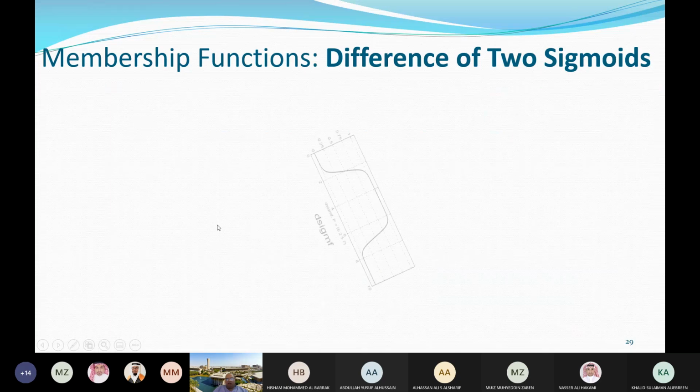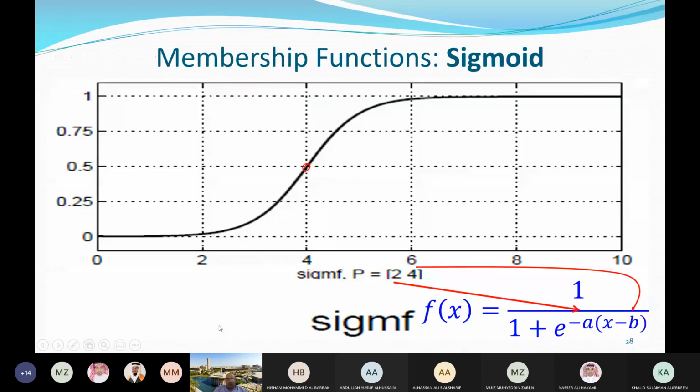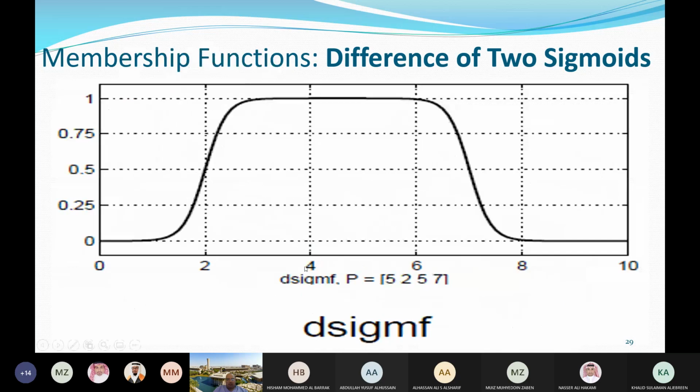Difference of 2 sigmoids. You can have a shape of the difference of 2 sigmoids. Now we have the sigmoid function here, and the sigmoid function is defined by a and b. So you can have a difference between the 2 sigmoids, with a and b for the first, a and b for the second. And this is also a function in MATLAB.